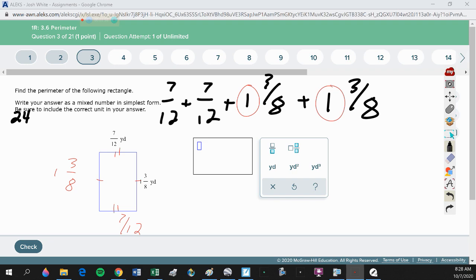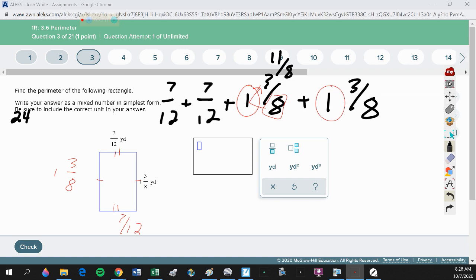How do you turn a mixed number into an improper fraction? So you take the bottom times the side and then you add the top. So 8 plus 3 is 11 over 8.